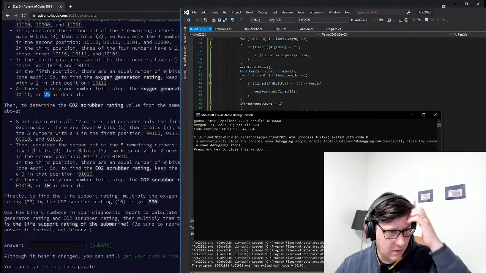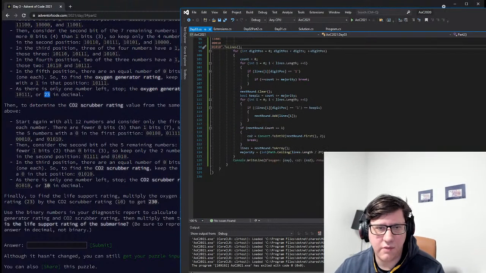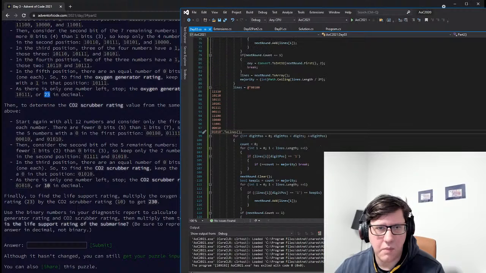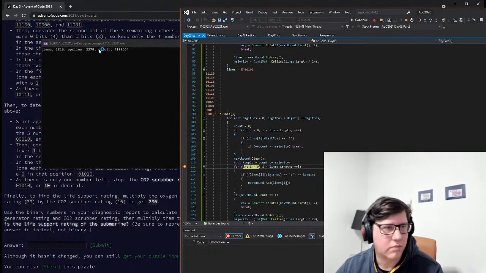The second one isn't correct. Let's see. I need to walk the second one to see if I made a mistake there. Let's see, count to 0, take it bonus. I clear this, okay. So let's just debug this one and see what I do wrong here.